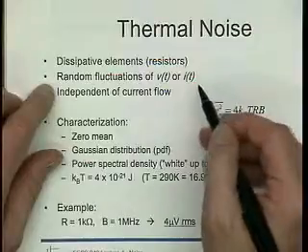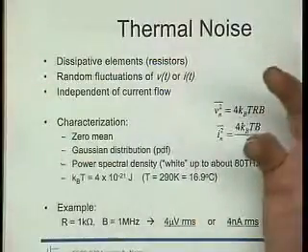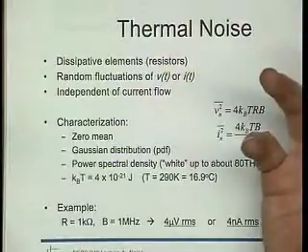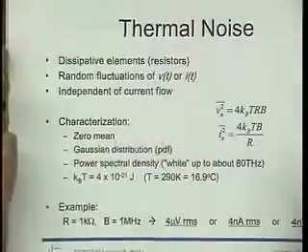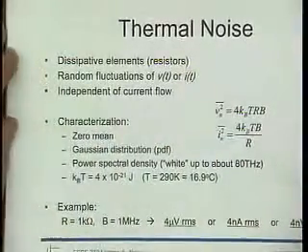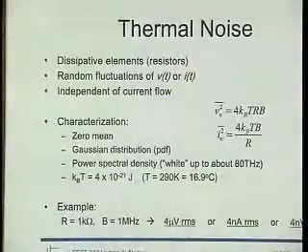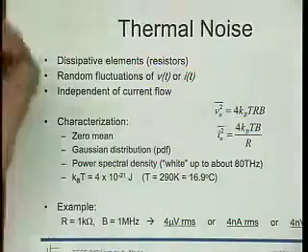So again, the voltages are really random fluctuations, and we can't know what the voltage is at any particular instance in time, except if we just happen to measure it then, but next time it's going to be different. And it's also totally independent of current flow, right? Whether we apply a current to the resistor or no current to the resistor, we pretty much get the same.